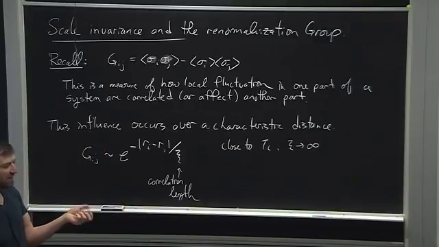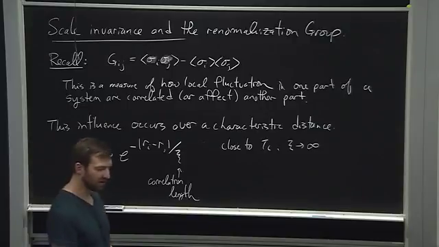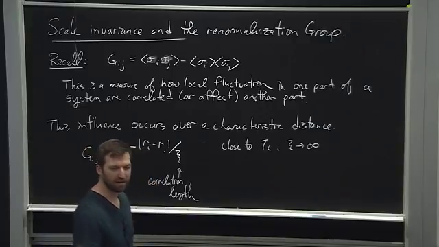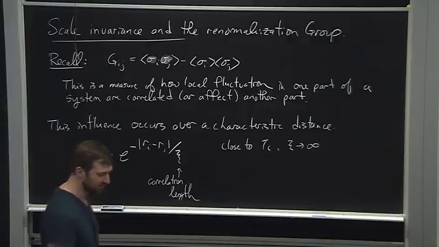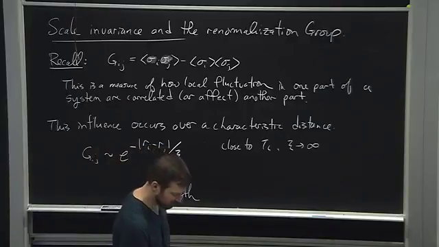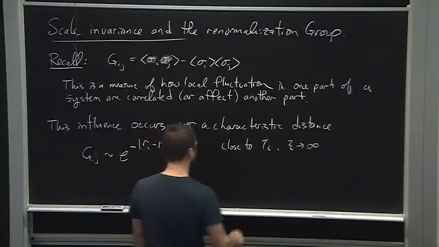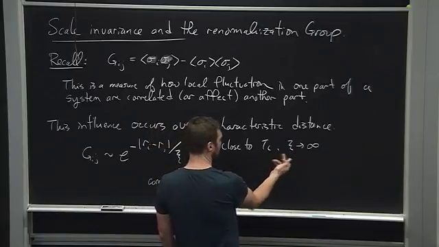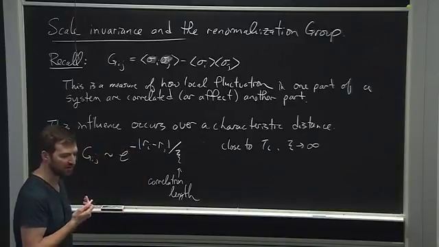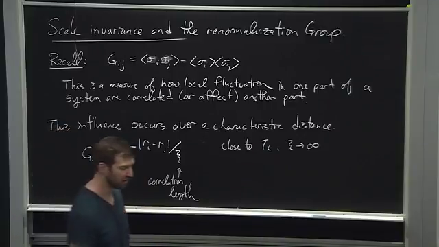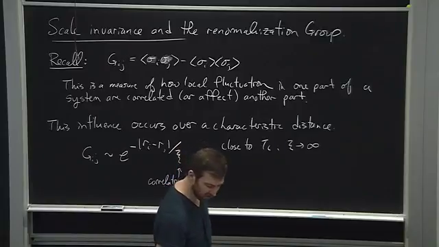Once you zoom out far enough, who cares what's going on down at the lattice? So the correlation length diverging is essentially solely responsible for the singular contributions to all the thermodynamic quantities. Okay, which is sort of what we saw.